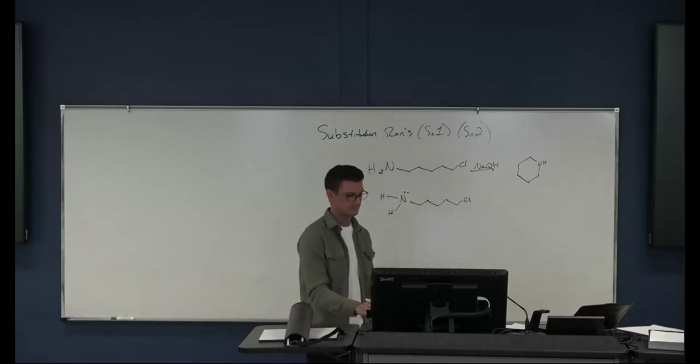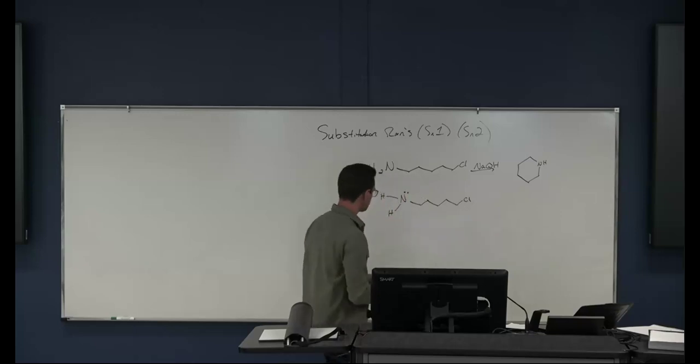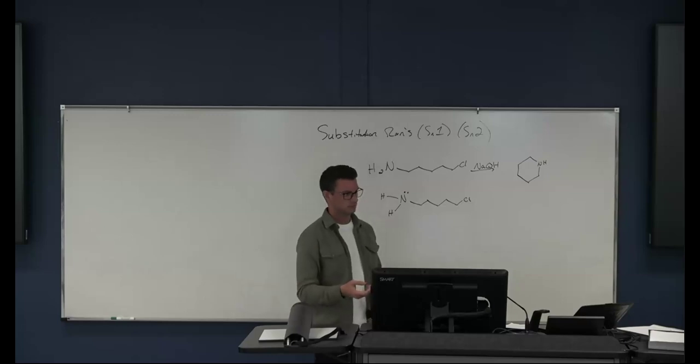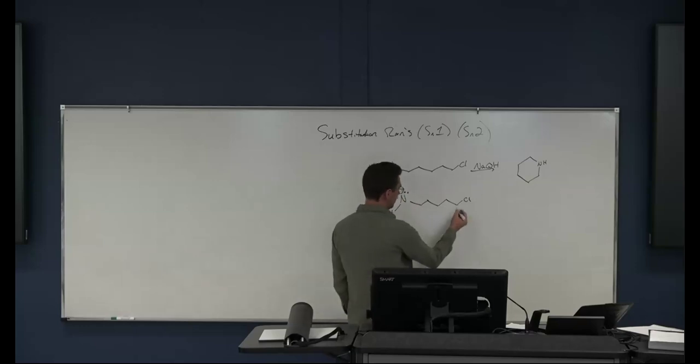So what tends to happen is that there's going to be a species on the molecule itself that is going to behave as a nucleophile and attack itself intramolecularly. Our leaving group is going to leave.